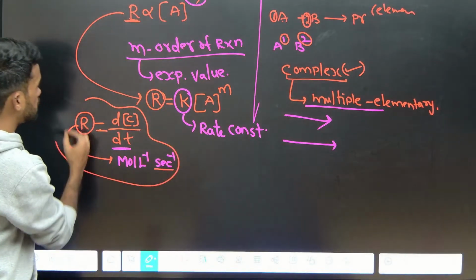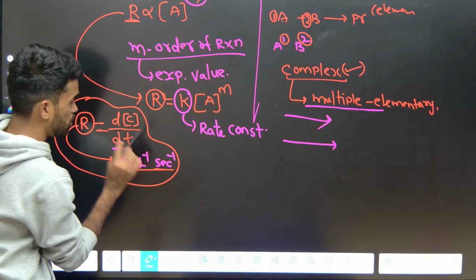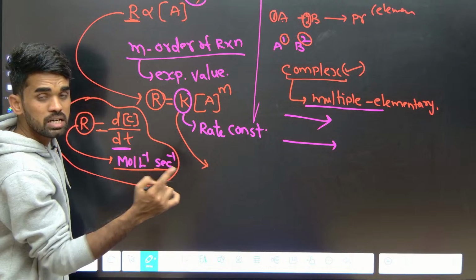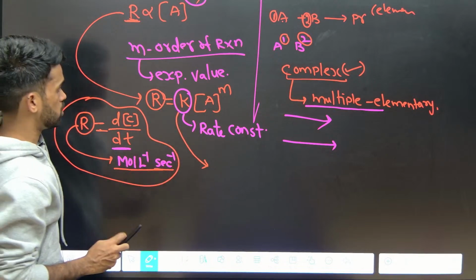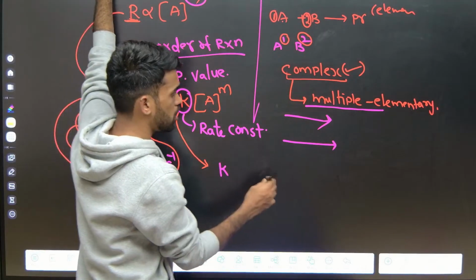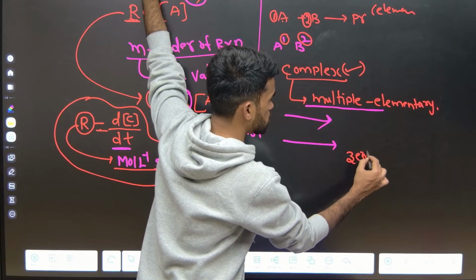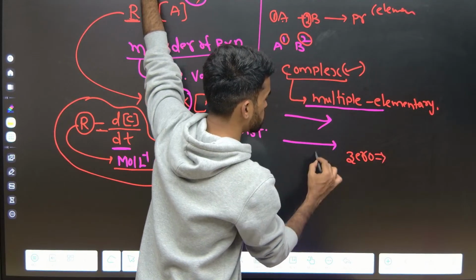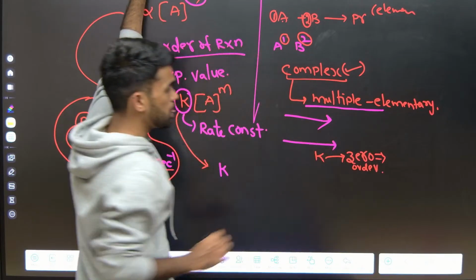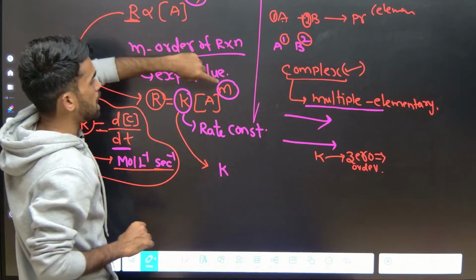The units of rate are always the same, but the rate constant units change depending upon the order of the reaction. For example, if they ask the units of K for a zero order reaction: when they say zero order, it means the m value is 0.